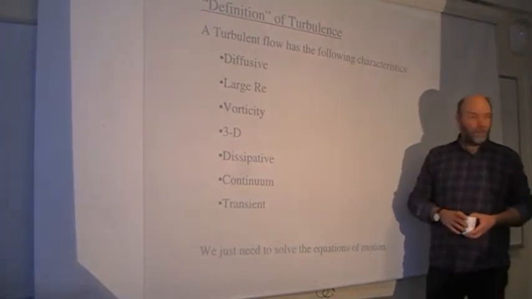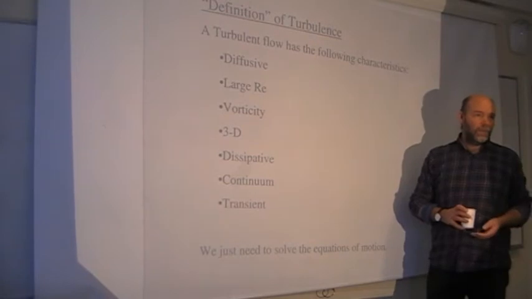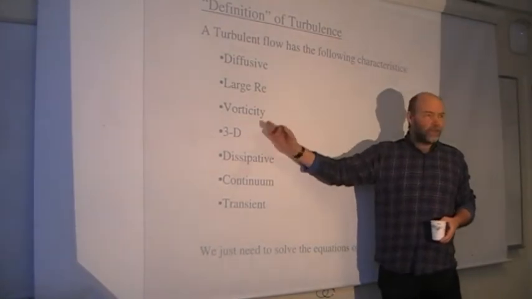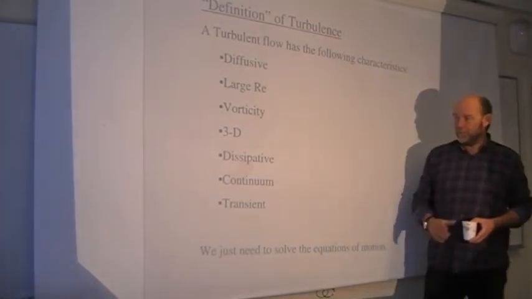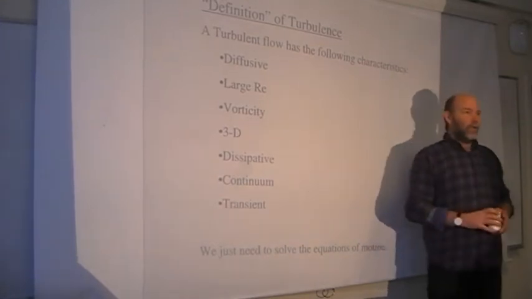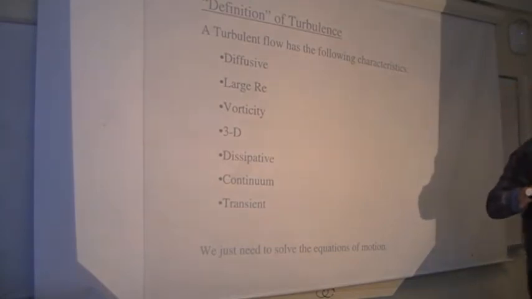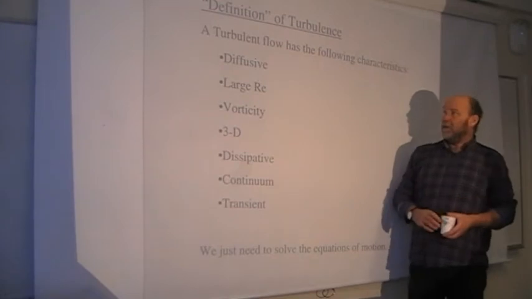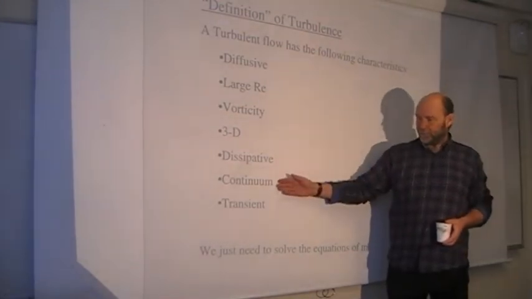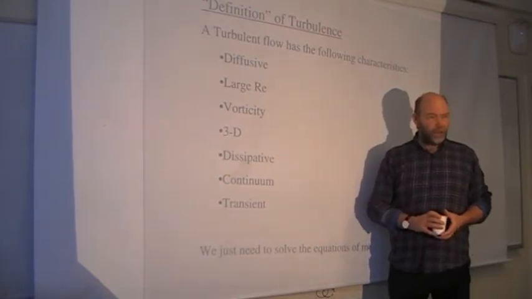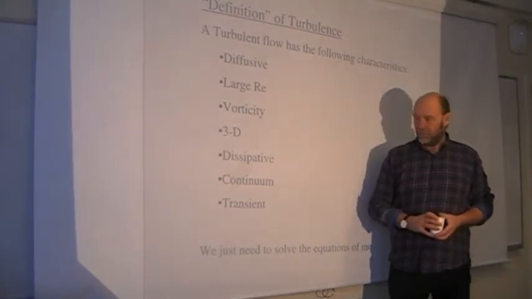So if you're talking a 2D simulation, it's not turbulent, unless of course you use a model to cheat it. But the turbulence in nature is always three-dimensional. It's always dissipative, stealing energy. It costs more to push a turbulent flow through a pipe than laminar, much more. It's a continuum phenomenon. And finally, transient.